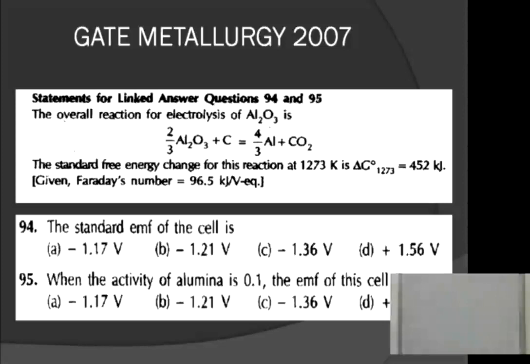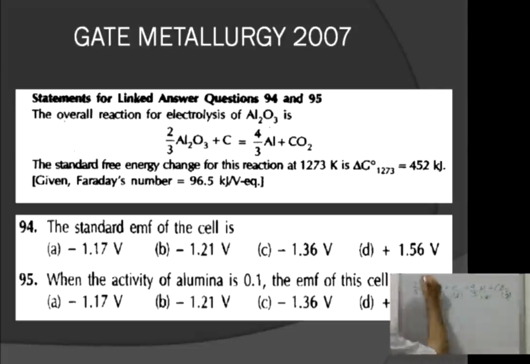This question was asked in the year 2007, GATE metallurgy. I'll write this equation and the relevant equation as well. 2/3 Al2O3 plus carbon gives rise to 4/3 aluminium plus CO2, which is in the gaseous phase, and the aluminium is solid.